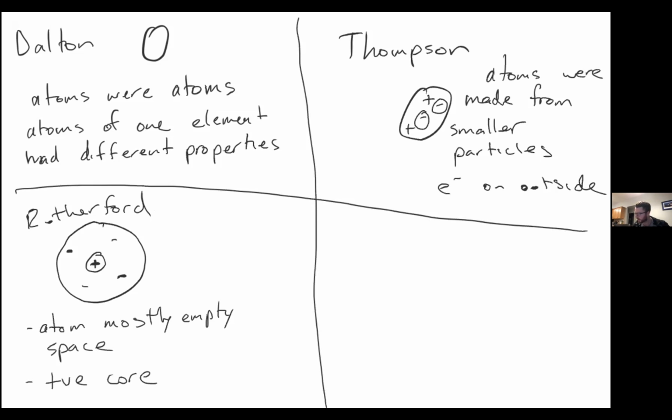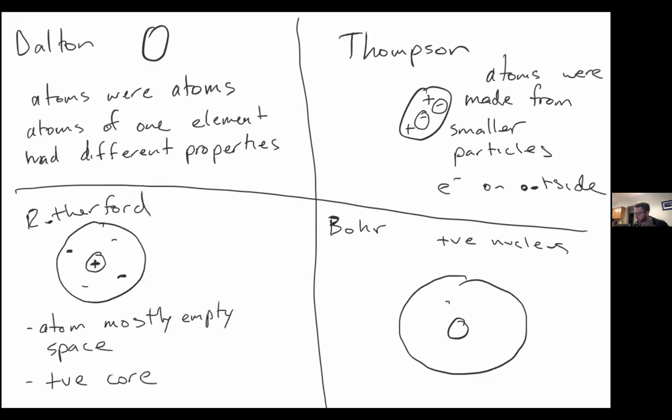Okay, lastly, we have Niels Bohr. He had his energy levels, so he has a positive nucleus as well. And he had electrons in particular orbitals.